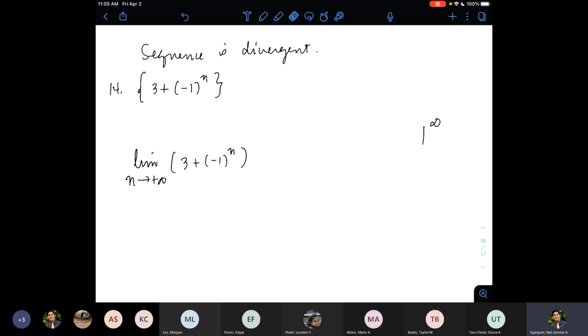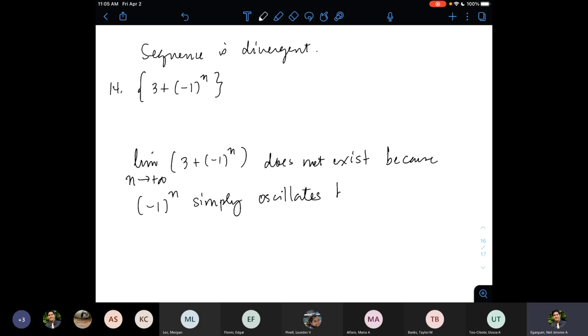So actually here I can say that the limit doesn't exist because (-1)^n simply oscillates between -1 and 1. And in the long run, when n becomes large, there's no certainty that (-1)^n will go to either -1 or 1 because they will just keep on alternating, right?